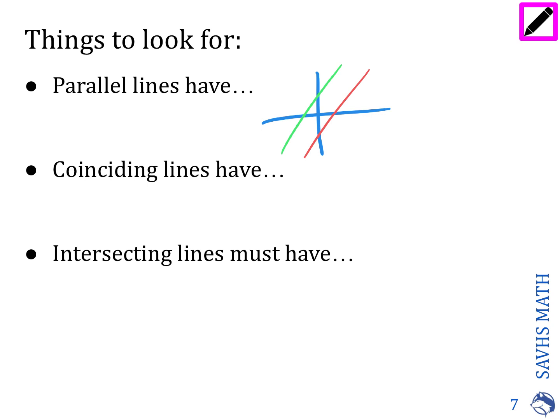And I remember that the system of equations has a solution where they cross. So I have to say parallel lines have the same slope, different y-intercepts. But a system with parallel lines have no solution.